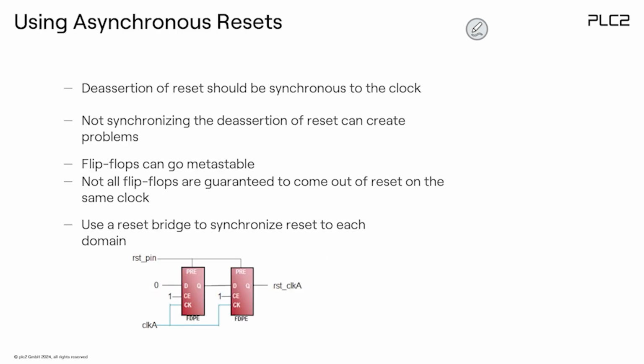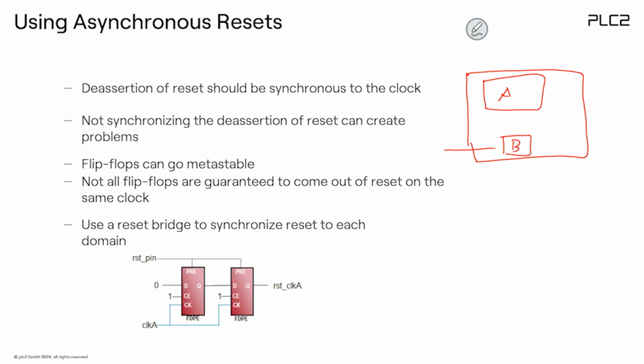But in some cases, you would like to have something like this. You have the FPGA with block A, but maybe you have a clock B, and especially for this clock B you would like to have a reset signal. It must be asynchronous. If this is the case, it's recommended to use a so-called reset bridge.